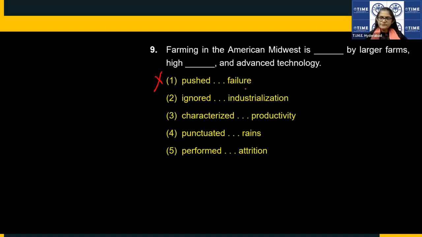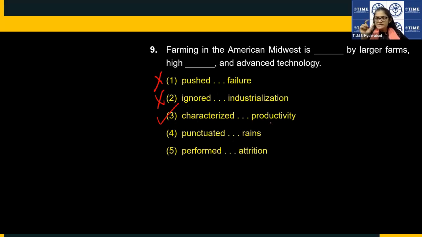Farming is ignored by larger farms. We can straight away eliminate this. You don't need to waste too much time. Is characterized by larger farms, high productivity and advanced technology. Already makes sense. So I put a tick mark, but we have to see the other options.